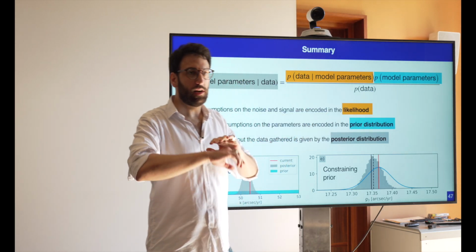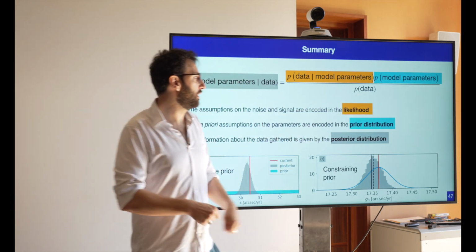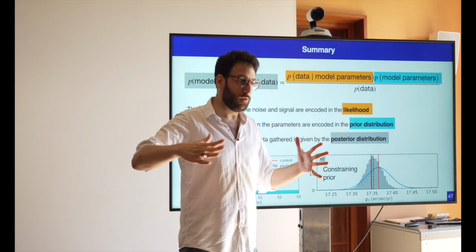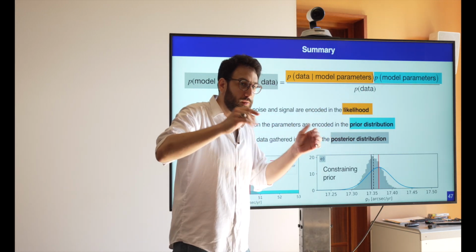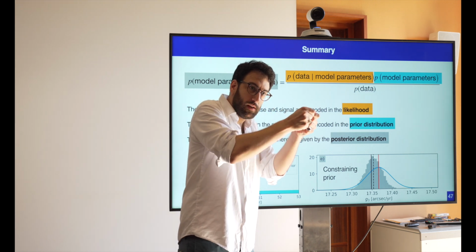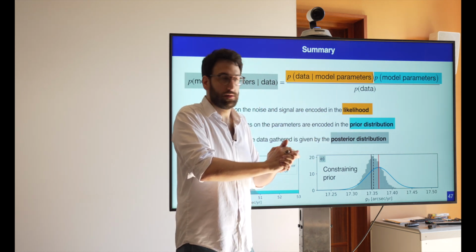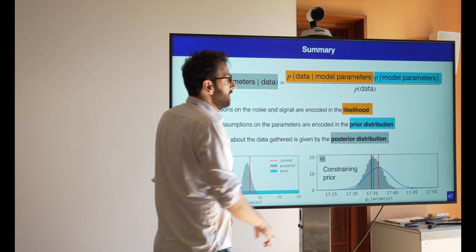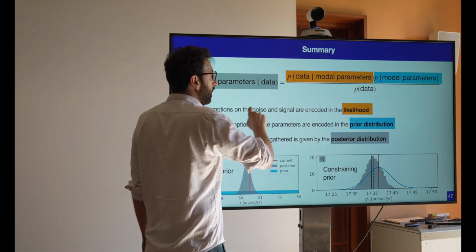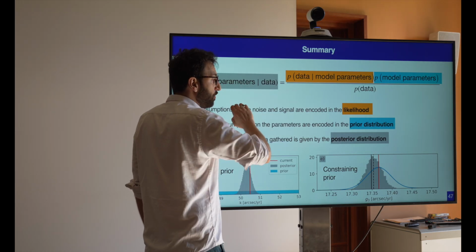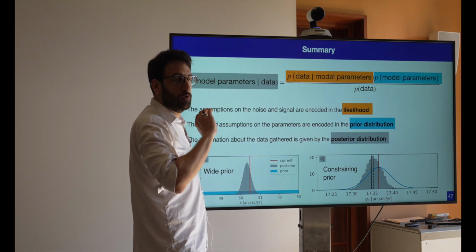If you start saying, oh, I've seen the data once, I'm going to change the prior, then you converge to what your initial idea was. And you're going to converge with smaller and smaller error bars, so you're going to be more and more sure about something that is probably completely false. So this has to be determined prior to seeing the data, and you don't update it, or only in very specific cases where you know exactly what you're doing.